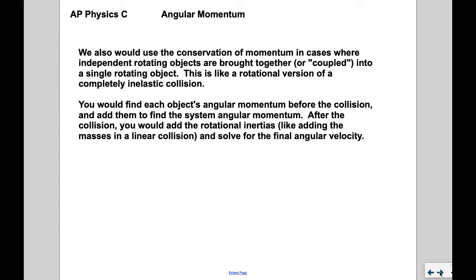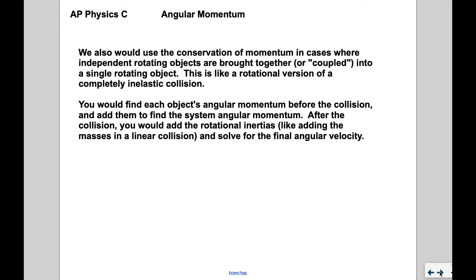You would also use conservation of angular momentum in cases where independent rotating objects are brought together or coupled into a single rotating object, sort of like a rotational version of a completely inelastic collision.